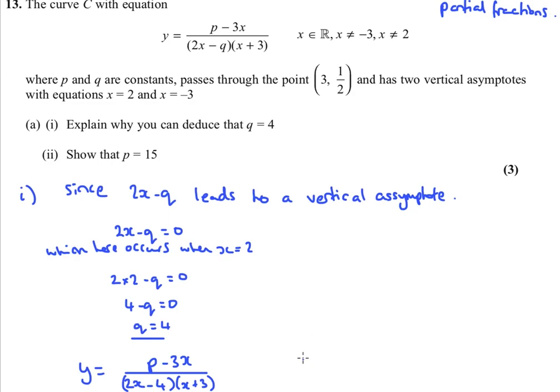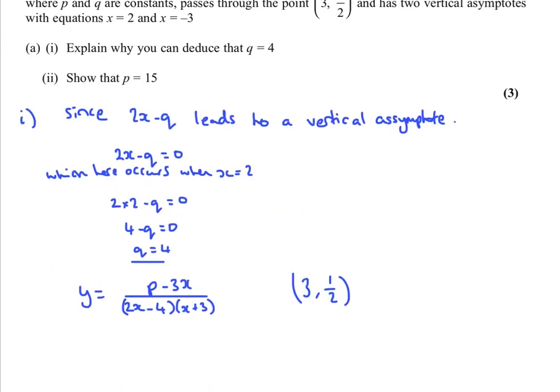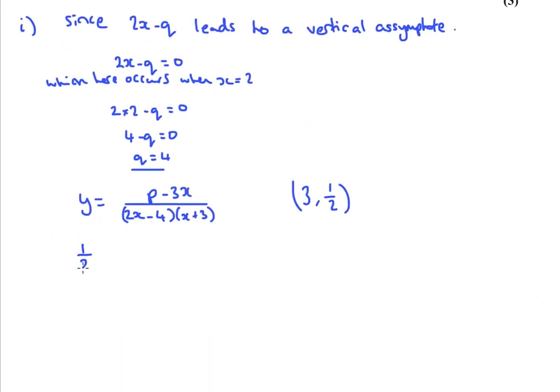And we know it goes through the point (3, 0.5), and if we substitute that in, we're going to get a half equals p minus 9 over, 3 threes are 9, 6 take away 4 is 2, times 3 plus 3 is 6. So we've got a half needs to equal (p minus 9) over 12. If I multiply by 12, that gives me 6 is equal to p minus 9.